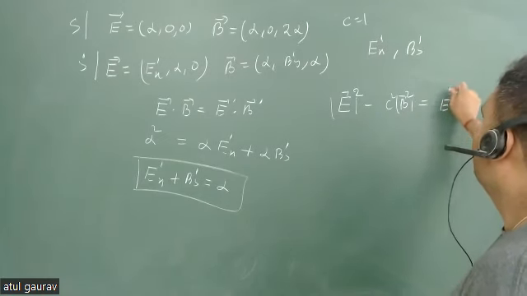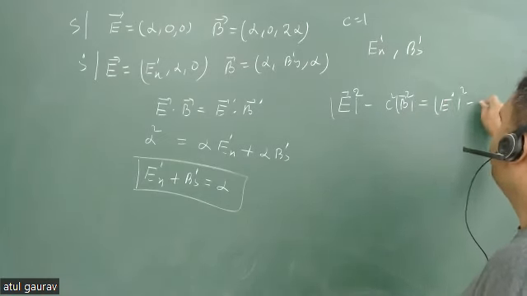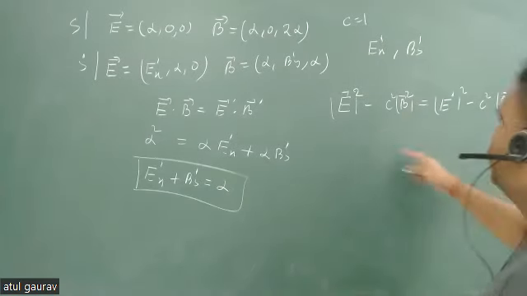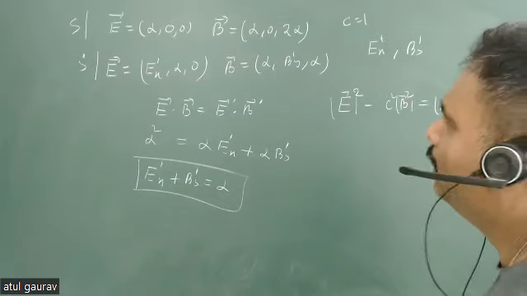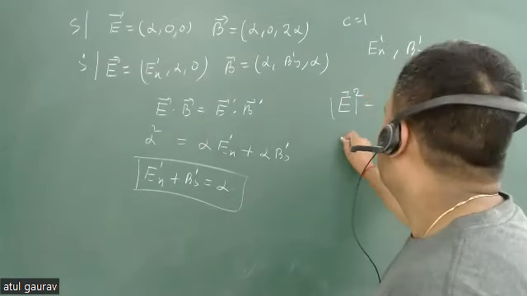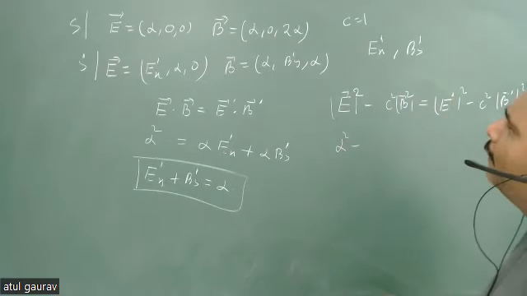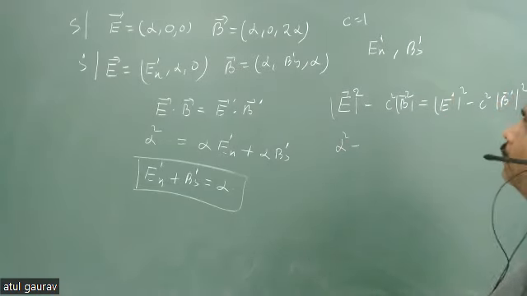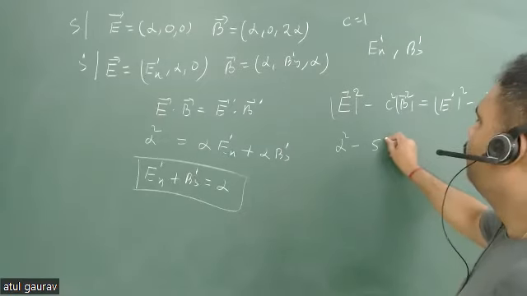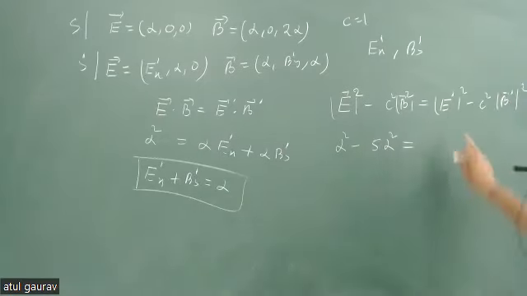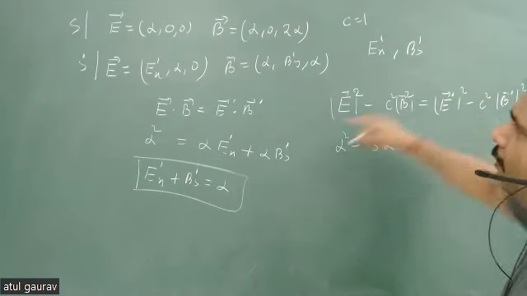So you have E dash square minus C square B dash square. C equal to 1 you can take. What is your E square? It is alpha square. What is your mod B square? It is alpha square plus 4 alpha square, that is 5 alpha square. Okay. What is your E dash square?